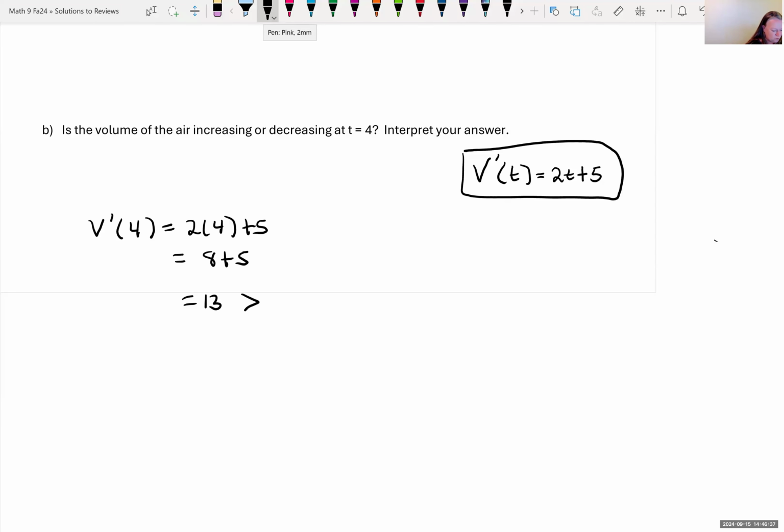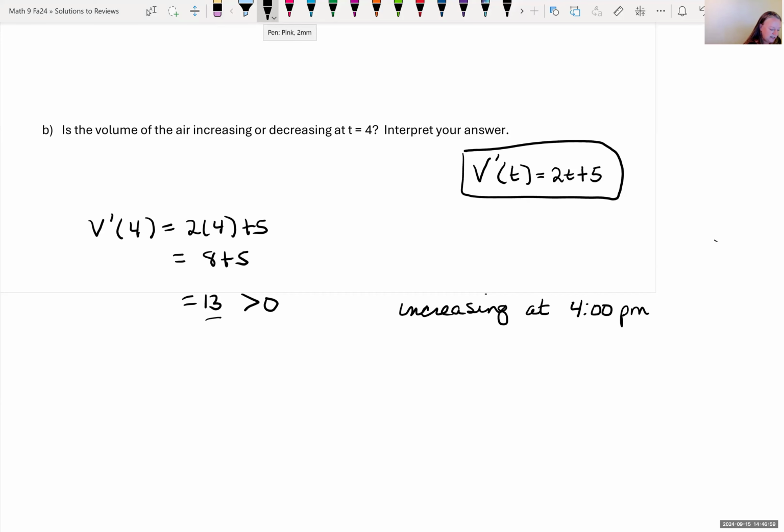This number is greater than 0. So I know my volume is increasing at t equals 4, which is 4 p.m. So it was t hours after noon.